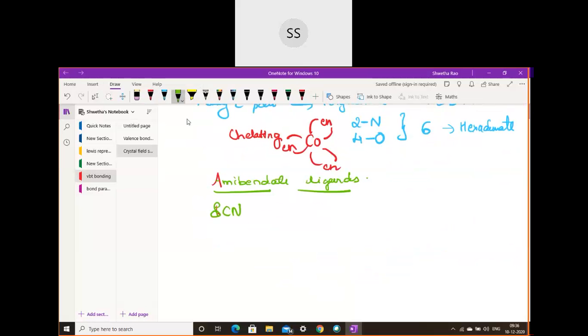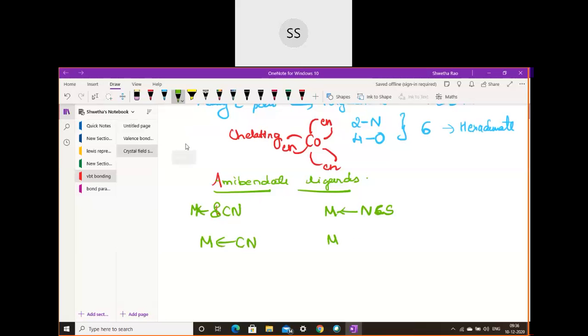Then there is another category of ligand which can donate from both sides. Such types of ligands are named, yes, very good, ambidentate ligands. Example for ambidentate ligand: at a time they can donate from only one side.